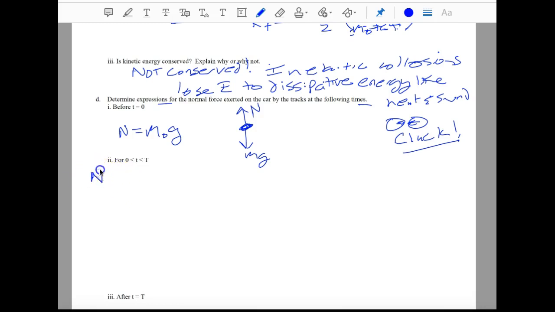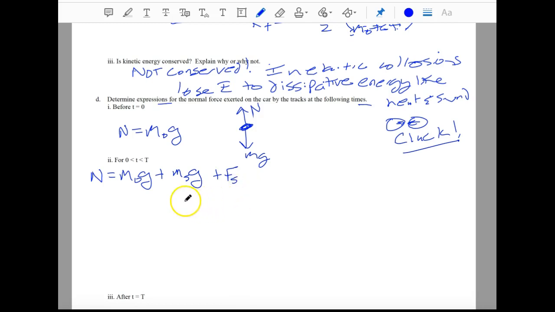So the normal force here is equal to the mass of the car, M0g, plus the weight of the sand, MSg, plus that force required to stop the vertical motion of the sand. We're just going to call that Fs.